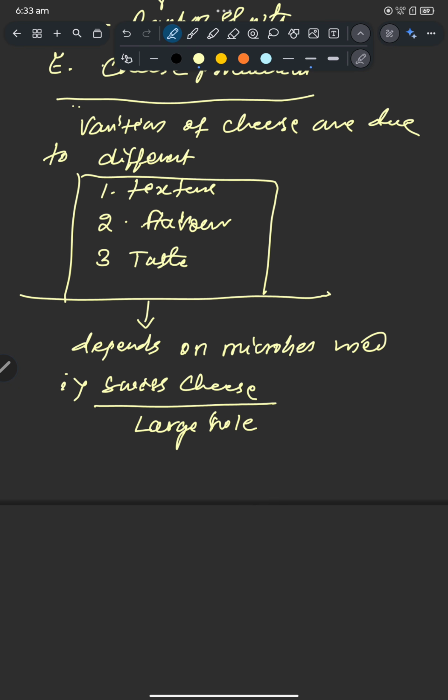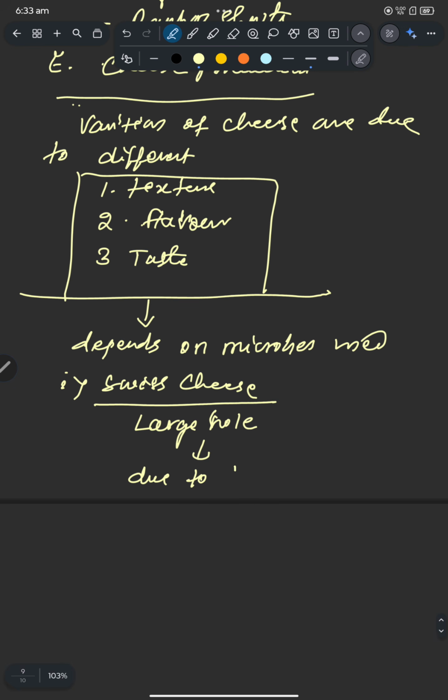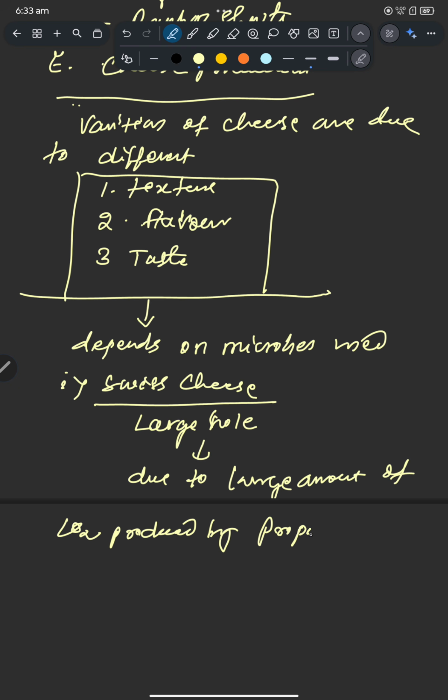The large holes are due to a large amount of carbon dioxide produced by a bacterium called Propionibacterium.